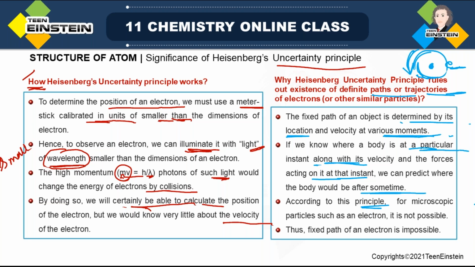This type of path cannot exist. So by applying the Heisenberg uncertainty principle, we can rule out the existence of a definite path. We cannot know the exact position and velocity simultaneously, and that is the reason a fixed path is not possible.